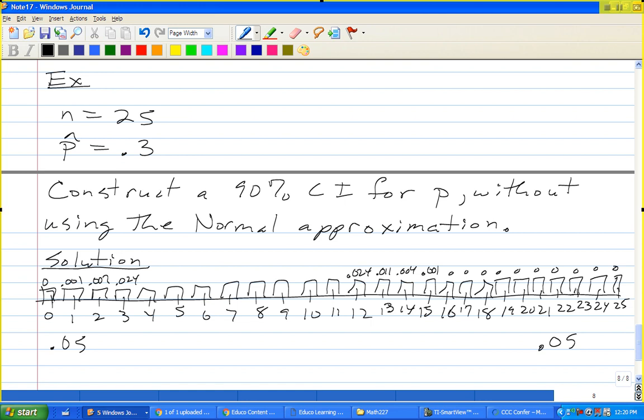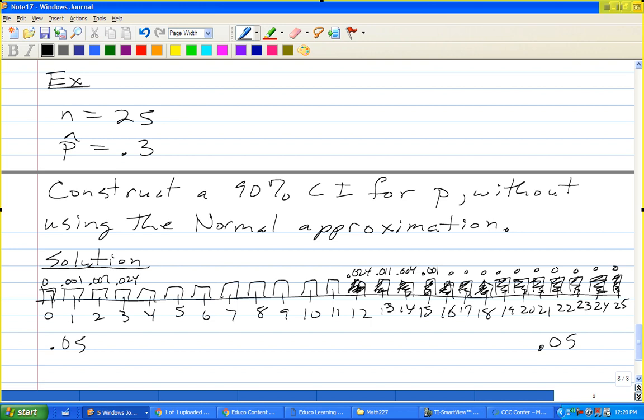Okay, so if you add up all those, so that's going to be 35, 39, 40.4. So that's good. So adding up all these areas, you get 0.4.